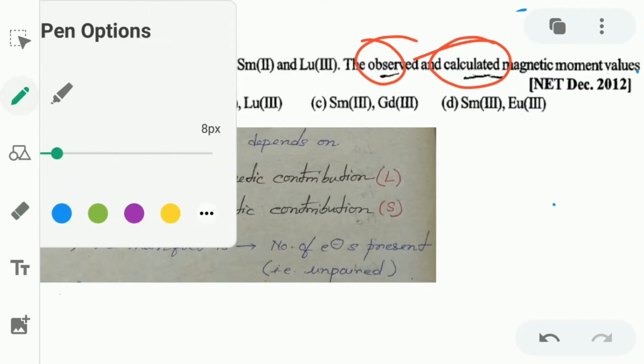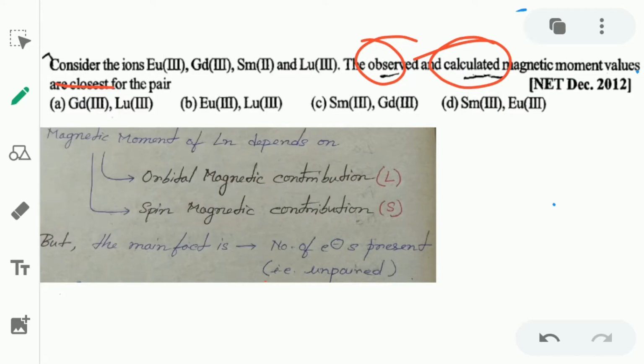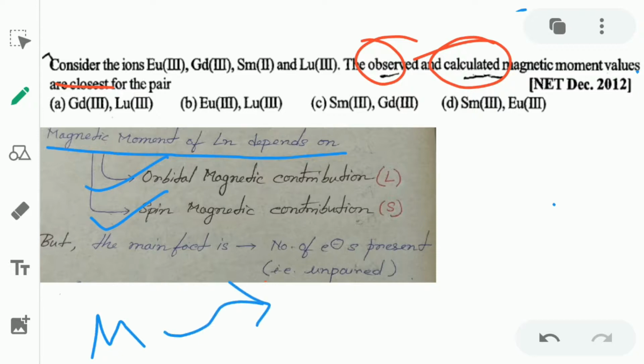The magnetic moment of inner transition elements, that is lanthanides, depends mainly on the orbital magnetic contribution and spin magnetic contribution. That is, mu depends on both L and S values.